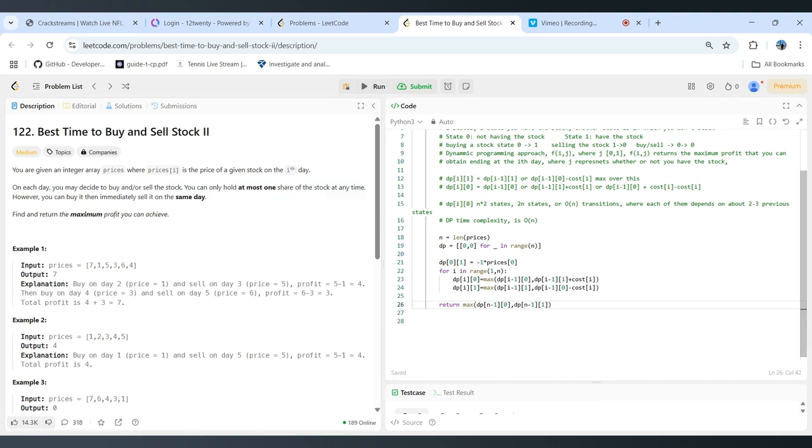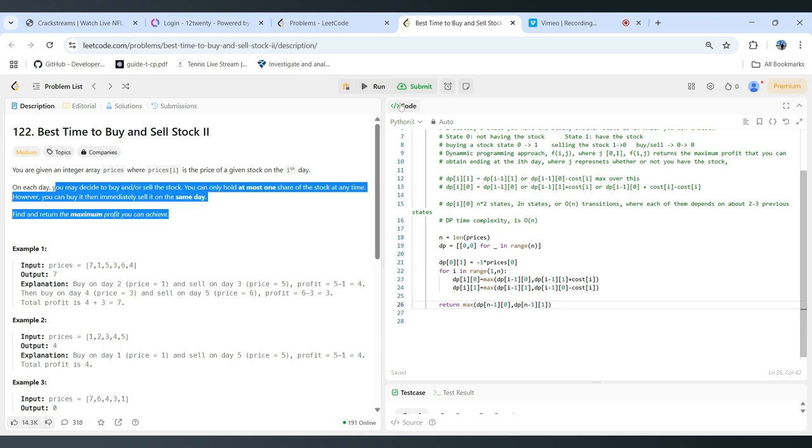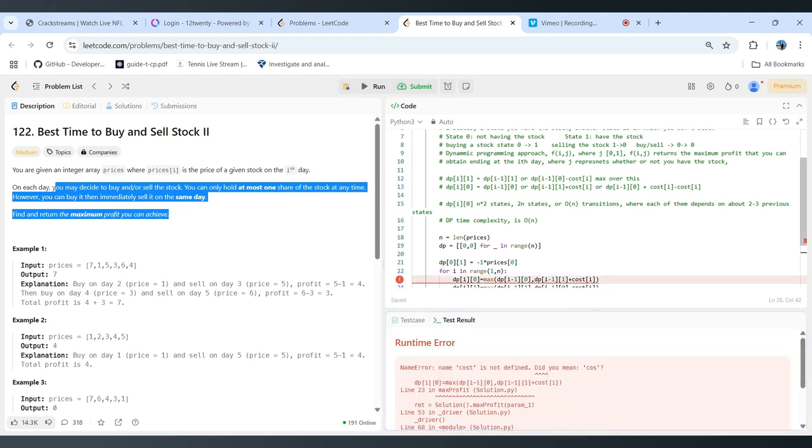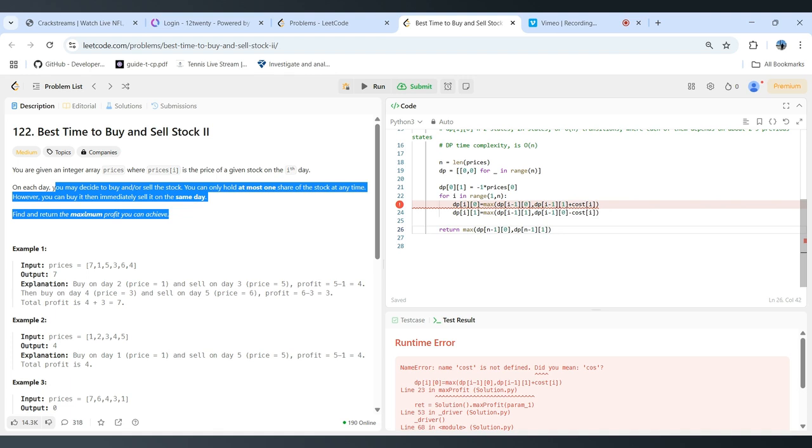The only thing that's tripping me up slightly is that you can buy it and then immediately sell on the same day. But that's essentially a transaction cost of 0, so you might as well not have done anything at that point. So I think it just comes down to the same. Oh, right.